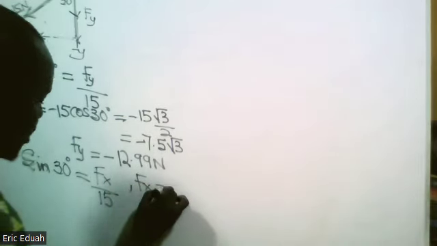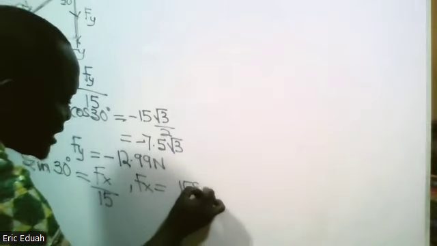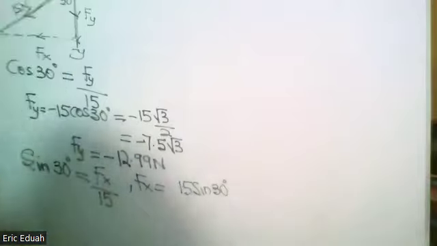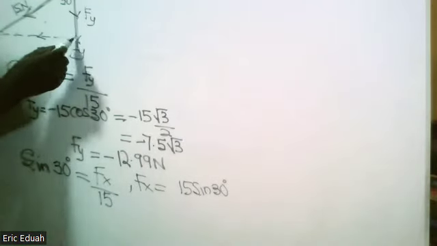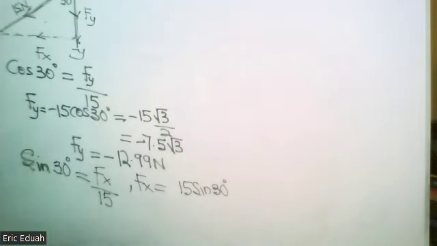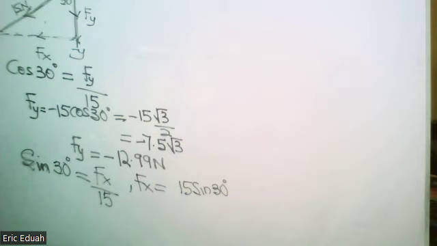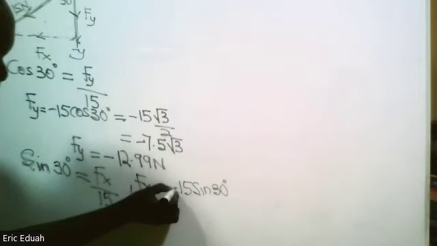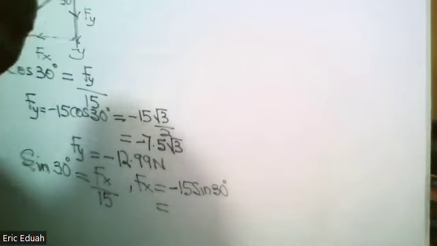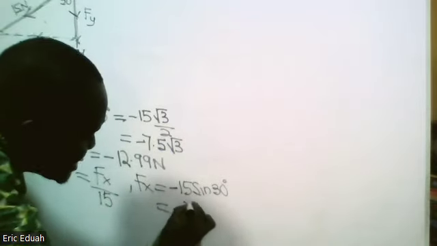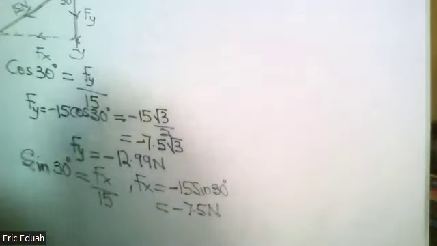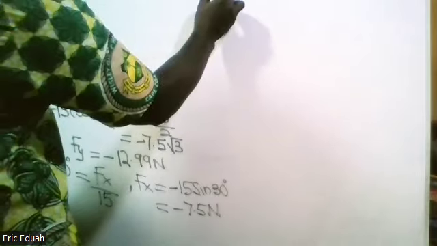Fx is equal to 15 sine 30. Now look at the position of Fx. Is Fx here positive or negative? Negative. So put it there, negative. Sine 30 is half. So I have minus 7.5 Newton.